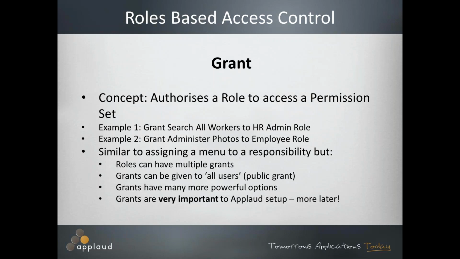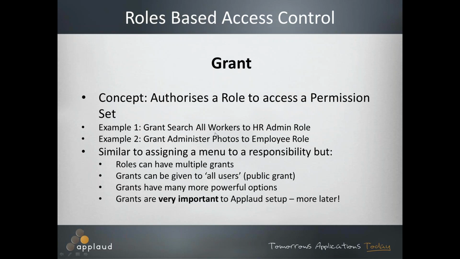With roles and permission sets, it doesn't work the same way. A role can have many permission sets, and each role is connected to a permission set by a grant. So basically a grant is just something to connect that menu to that role.